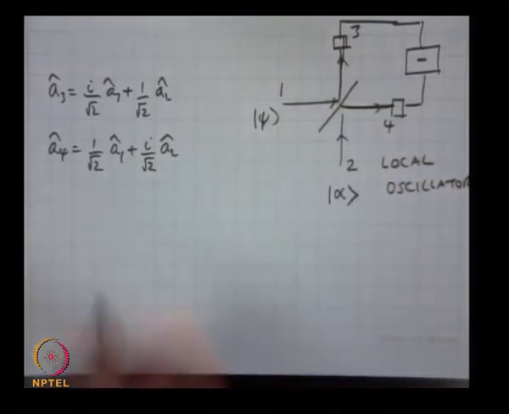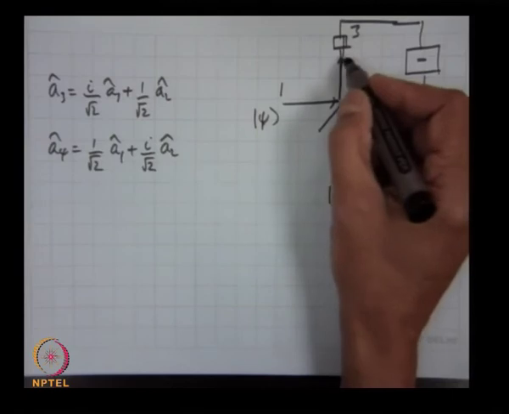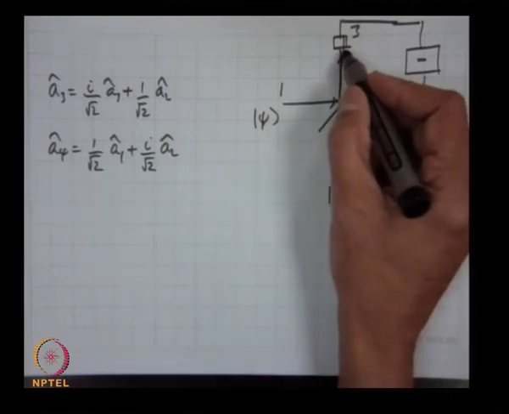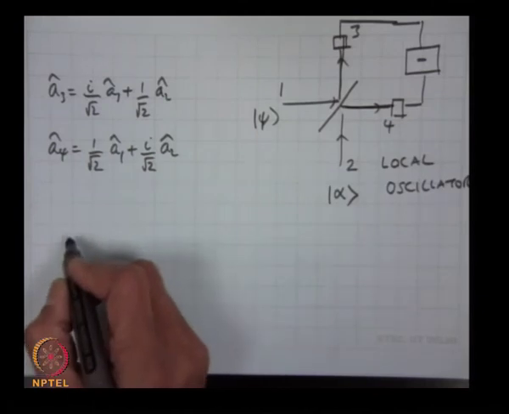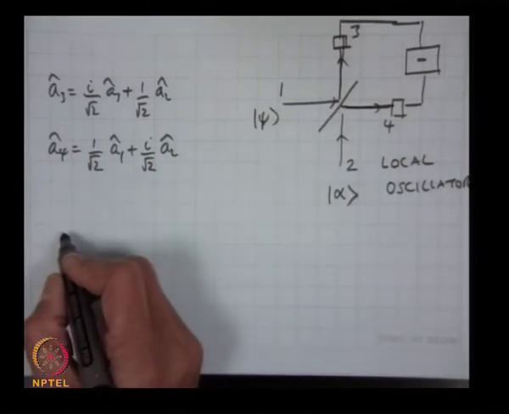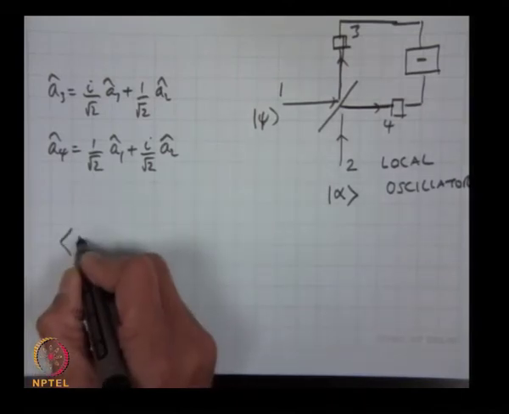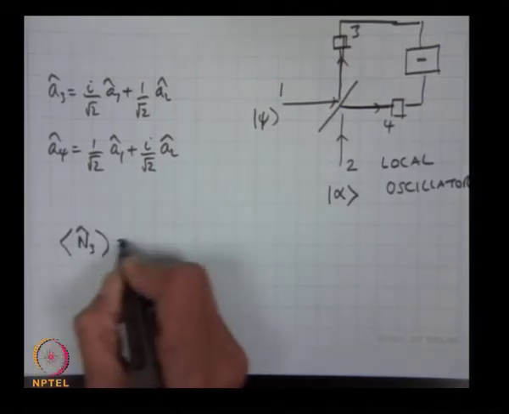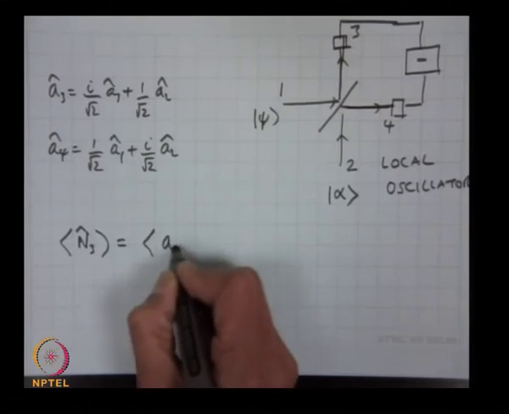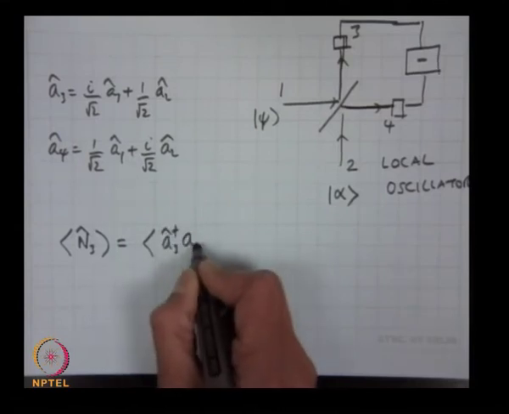So for example, suppose I want to calculate the expectation value of the photon number in this arm. Okay, so what should I find out? N3, which is the expectation value of A3 dagger A3. I need to know.